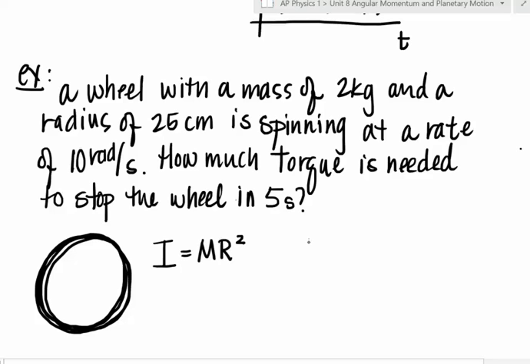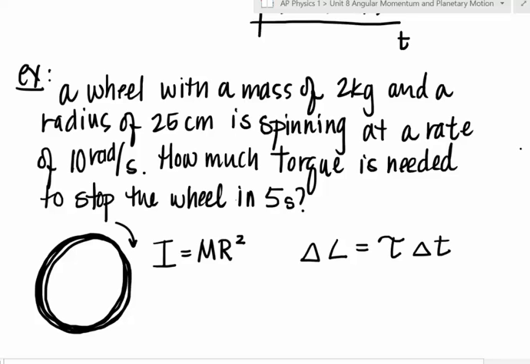Okay. And does our angular momentum increase, decrease, or stay the same? We go from spinning at 10 to stopping. Yeah, it decreases. So there's a change in angular momentum, and the change in angular momentum is due to a net torque acting on it for a particular amount of time.